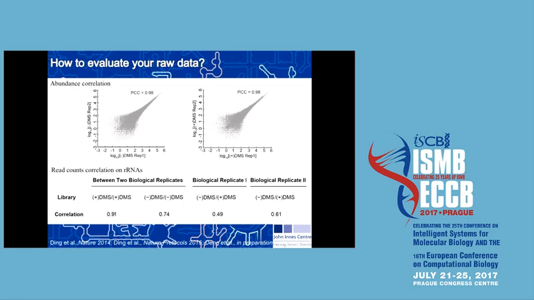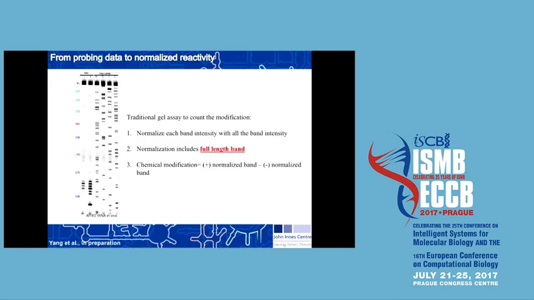But the minus group is more like reverse transcription random stops, so it should not have a high correlation. Between the minus and the plus group on the ribosomal RNA counting file, you will see a very bad correlation, because one is chemical specific modification, and the other is your reverse transcription background.